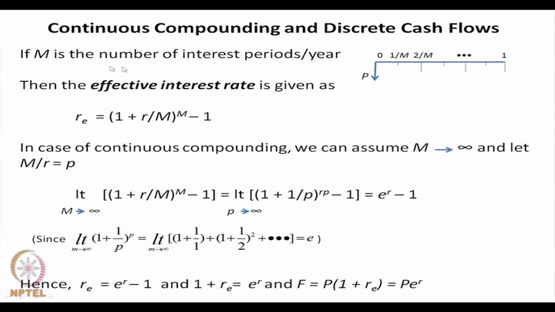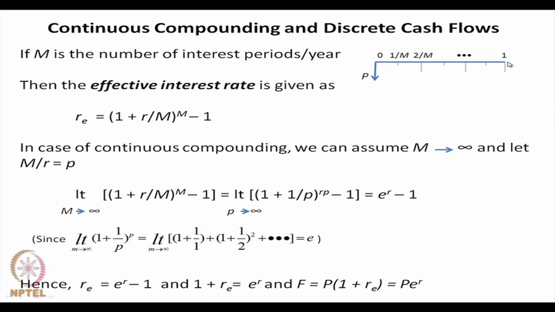So, in that case, how to calculate the effective interest rates, how to calculate the equivalent present worth and final sum values. This we can now extrapolate from our previous idea in this fashion. Here we are considering that there are m number of interest periods per year.